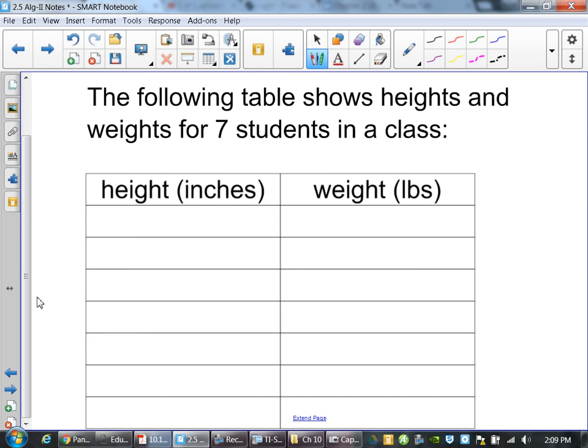How tall are you? I am 5'8". So that's 60 inches. How much do you weigh? 99 pounds. You don't ask me. I need somebody else that's taller than 5 foot. 5'3". So that is how many inches? 63. 115. I need somebody else. 5'6". You are 66 and a half. Close enough. 115?